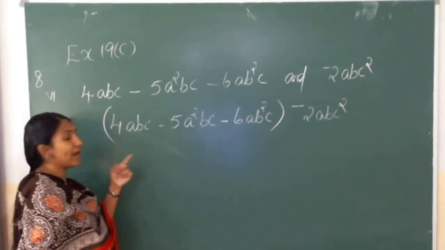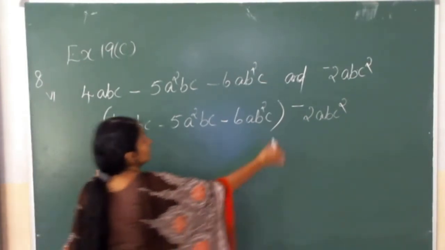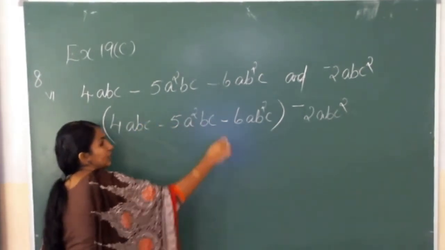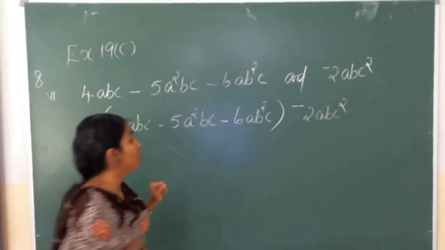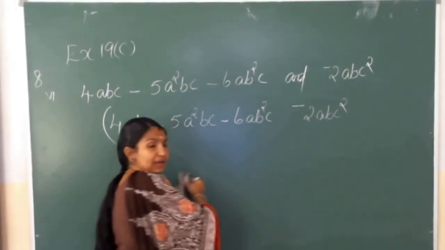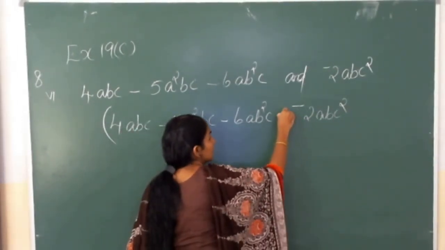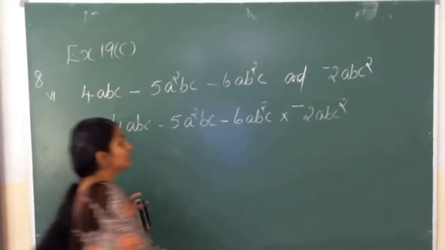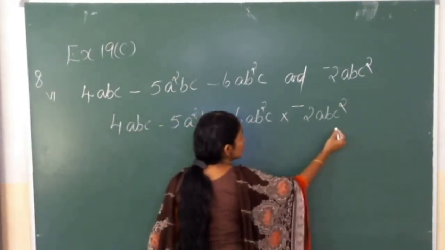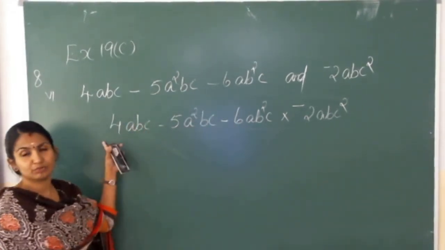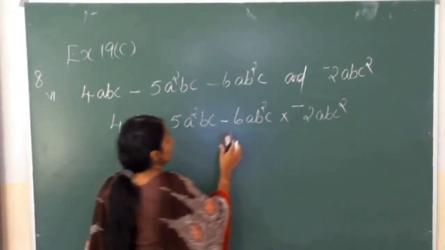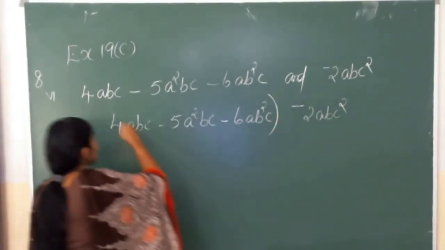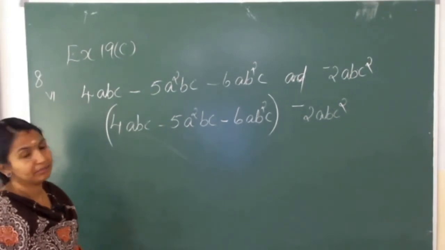When we write this bracket, it means that this negative 2abc square should be multiplied with all these three terms. If you write simply this multiplication sign here instead of the bracket, it means this multiplication is only for these two terms. It is not valid for these two. Because of that, we say don't write the multiplication sign there. Instead, it should be written in a bracket.